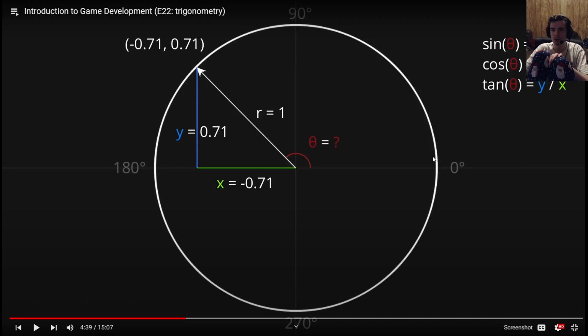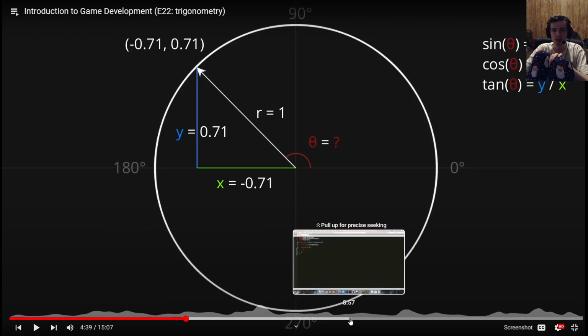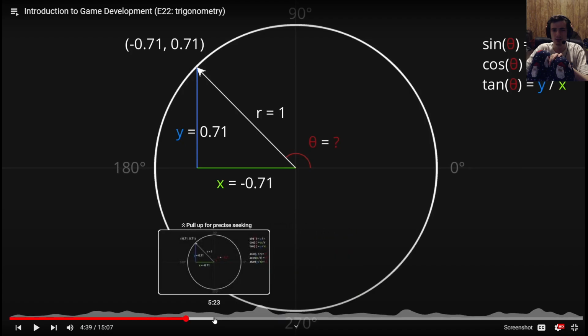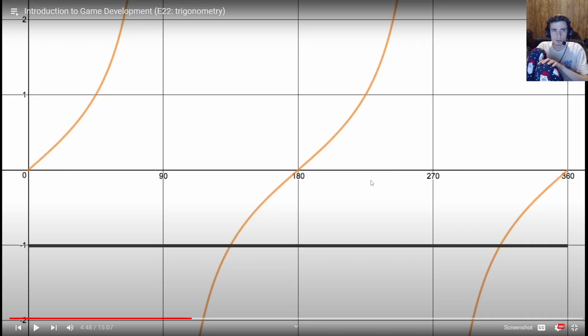Cotangent would be undefined. This one, they would be the same, actually. So what would the graph look like? The graph of cotangent would look like, what would it look like?